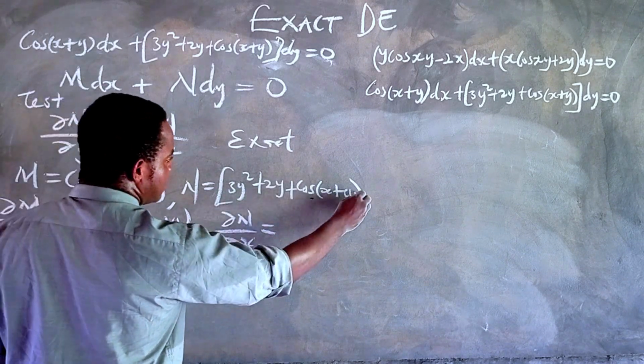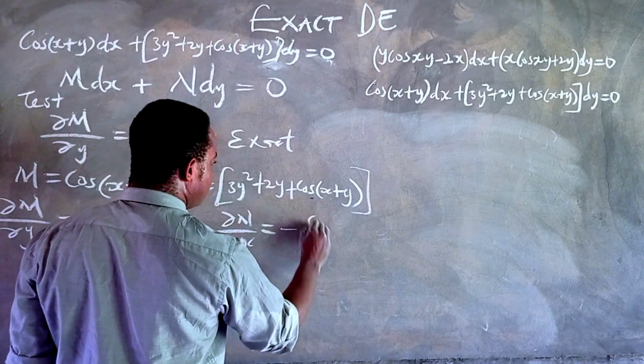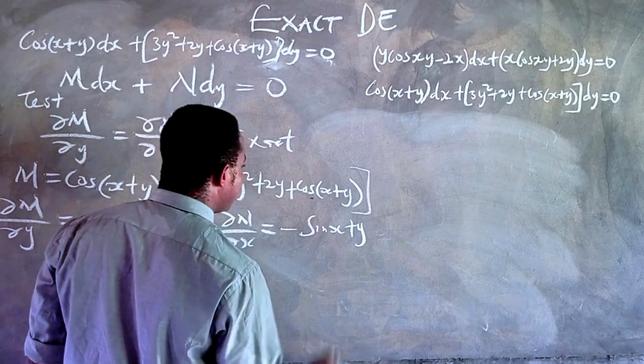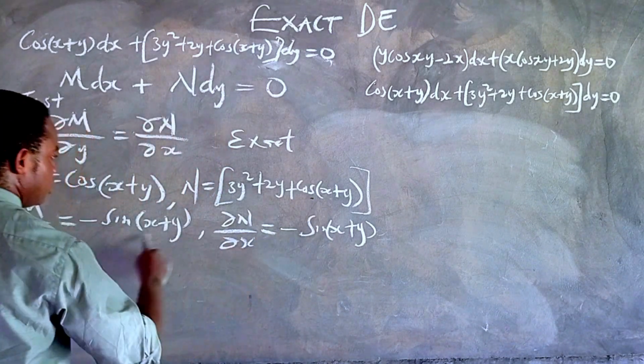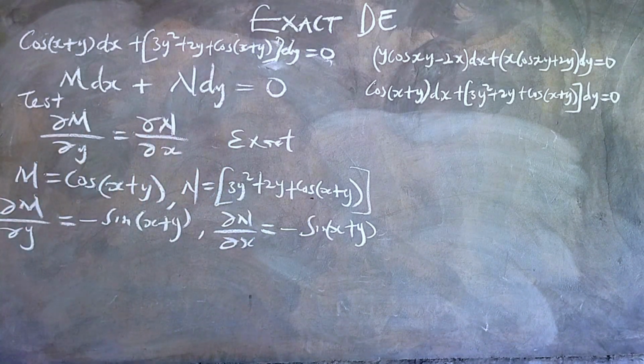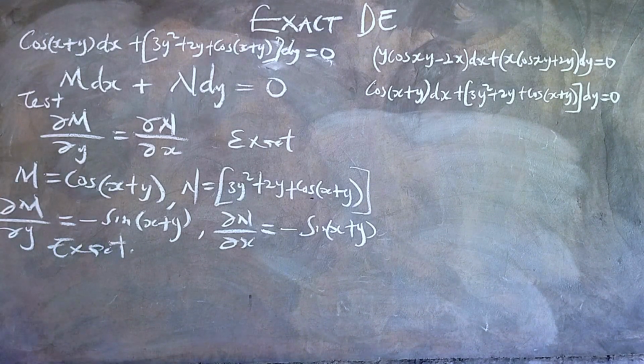So we have cos(x+y) to deal with, and the partial derivative of cos(x+y) with respect to x is going to be negative sin(x+y). You will see that the partial derivative of M with respect to y is equal to the partial derivative of N with respect to x. So the differential equation is exact.